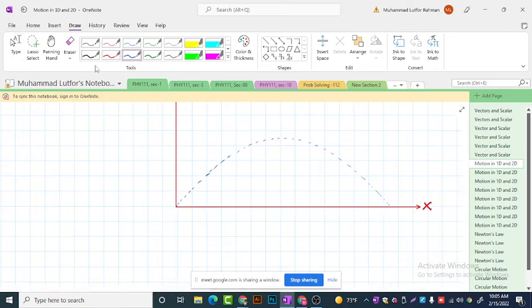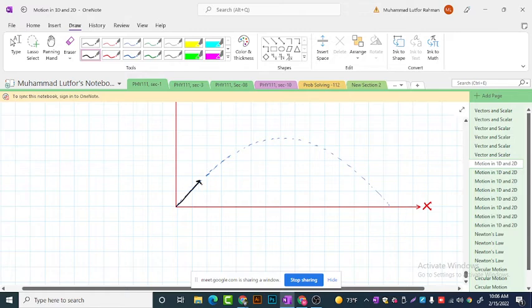I give it an initial velocity, v naught, which makes an angle theta. If I take the components of this velocity, this one is v naught x, the initial velocity along the x direction. I know how to take the components of a vector, right? That's what we talked about in the vector chapter. This is v naught y.